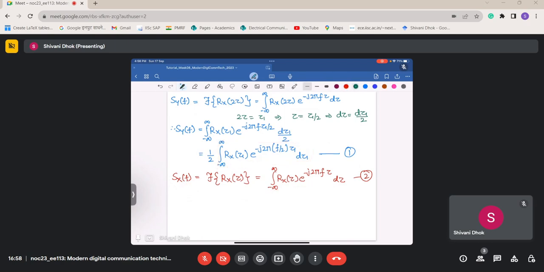So from equation 1 and equation 2, we have Sy of f is equal to 1 by 2 Sx of f by 2. So this is what we are having here.